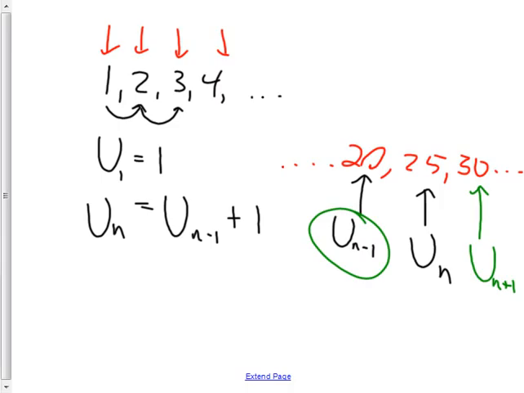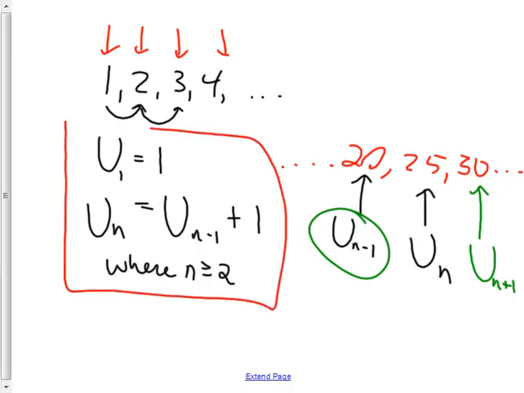And the last line of these formulas is called its domain, where n is greater than or equal to 2. Now that seems really weird and useless, but what it is saying is that this formula works for everything except... if I only let you start at 2, what number won't this formula work for?